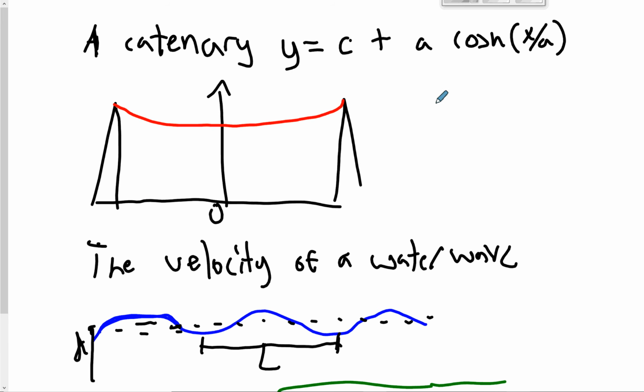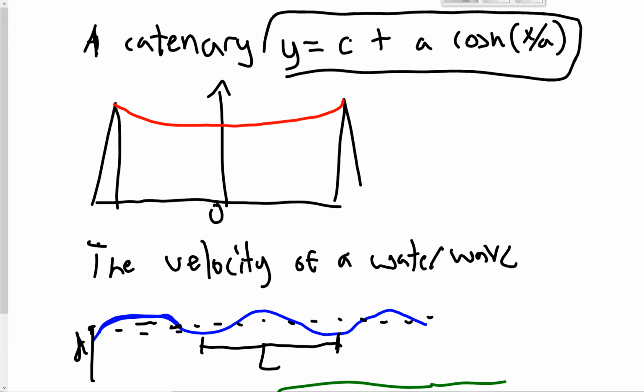Here are some things that come up in different applications. If you have a catenary, two telephone poles with a wire hanging in between them, the shape of it can be explained by this hyperbolic cosine equation.